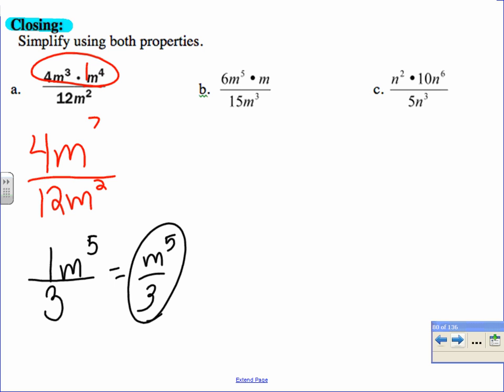Numerator, yeah. So simplify that first. Then see if the bottom needs simplified, then do the whole thing. Okay? Awesome. Good job. Good job.